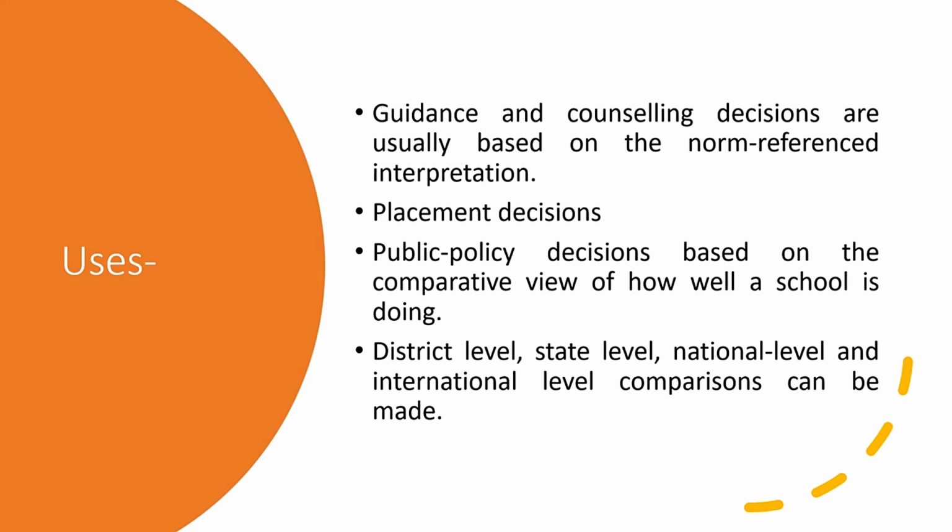These types of decisions we can take based on the norm reference interpretation, so that we can allocate the resources based on the performance of the students of that particular district, of that particular state level. So it is also very helpful in making public policy decisions.